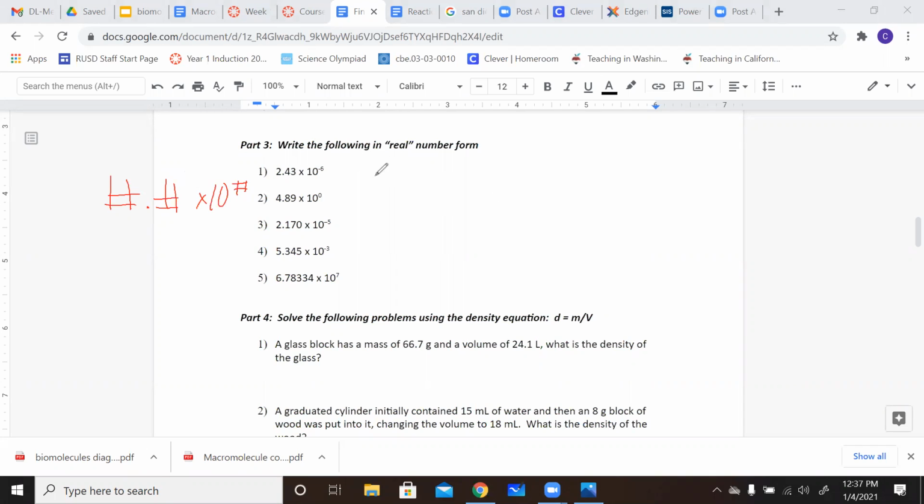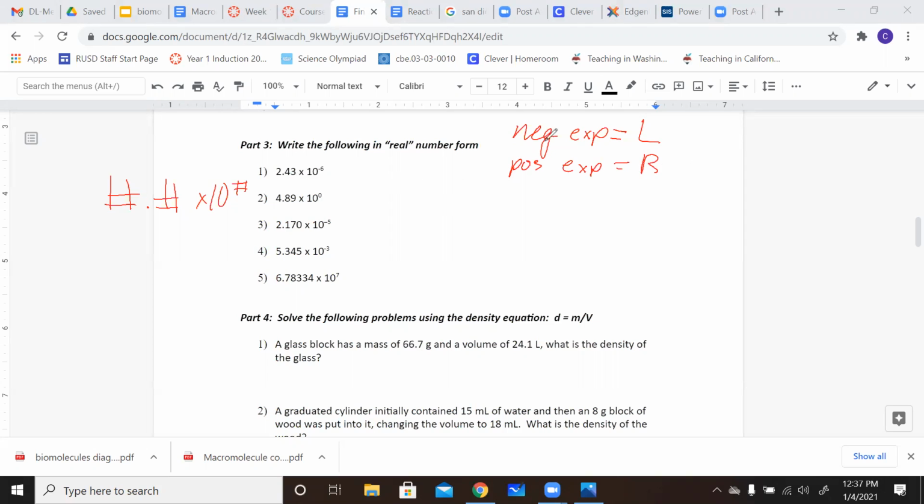Okay, so if we have a negative exponent, we are going to move that decimal place to the left. If we have a positive exponent, we are going to move that decimal place to the right.